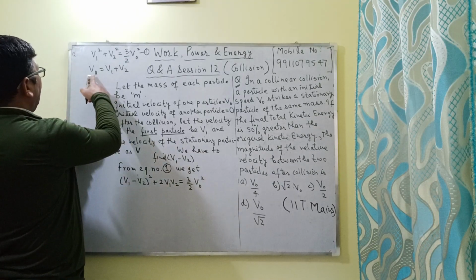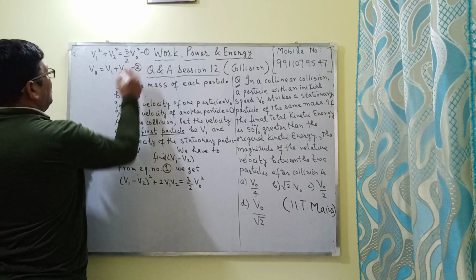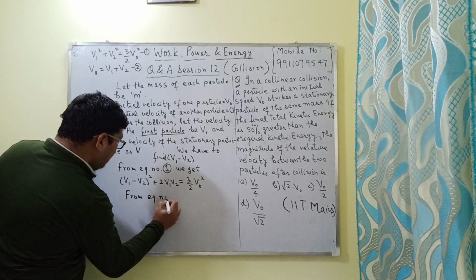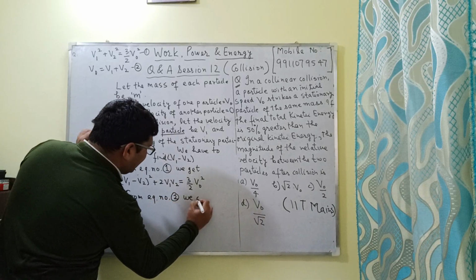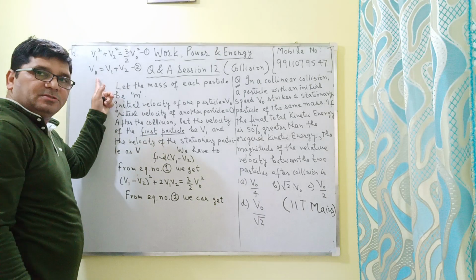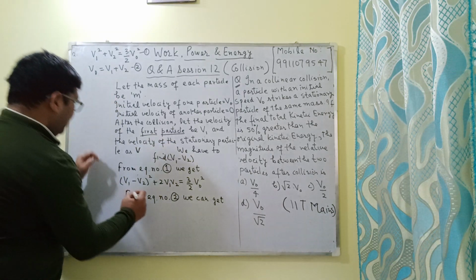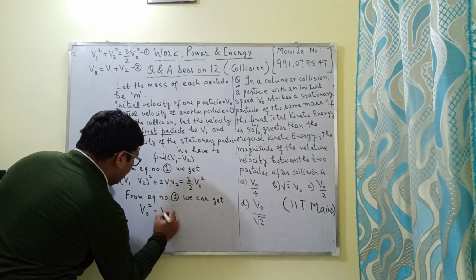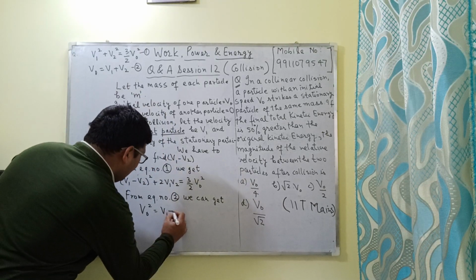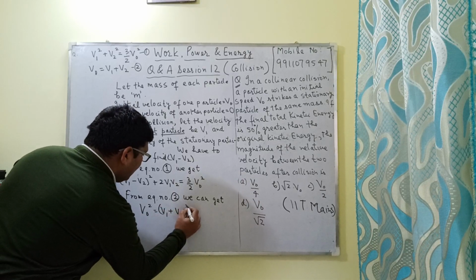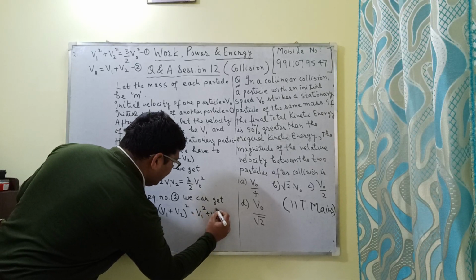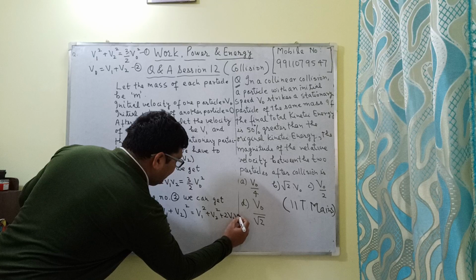So from equation number 2, what I will do is square this equation on both sides. That is, v naught square will be equal to v1 plus v2 whole square, or we can say v1 square plus v2 square plus 2 v1 v2.